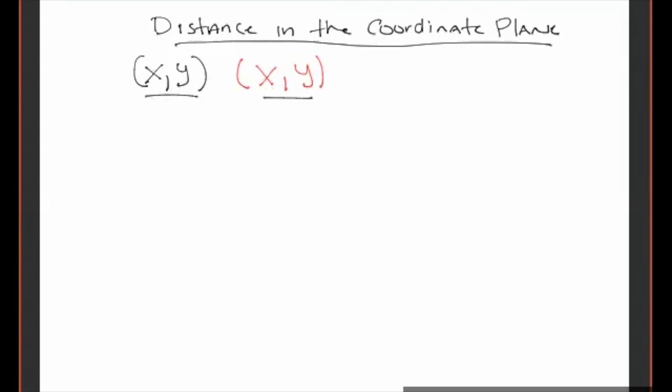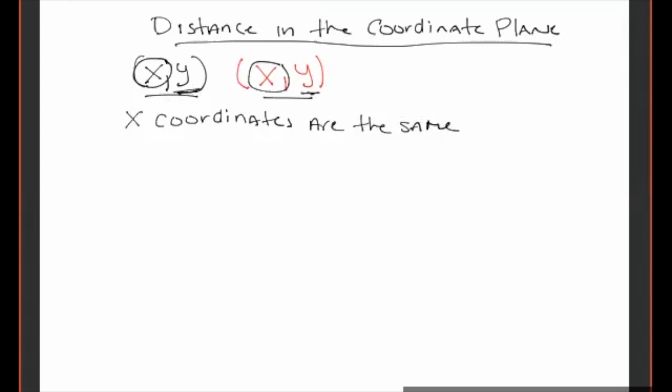Now, when the x coordinates, talking about this guy over here, are the same number, there are some things you need to do. When they are the same, you're going to look at the y coordinates.